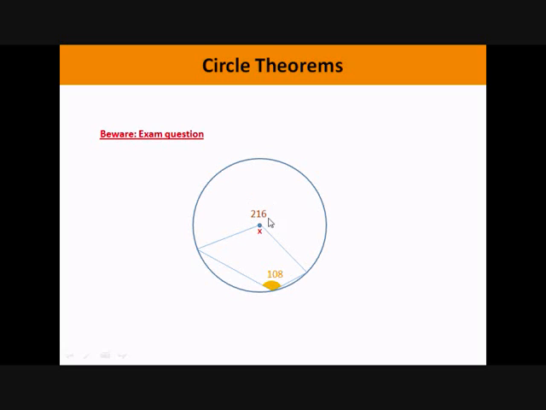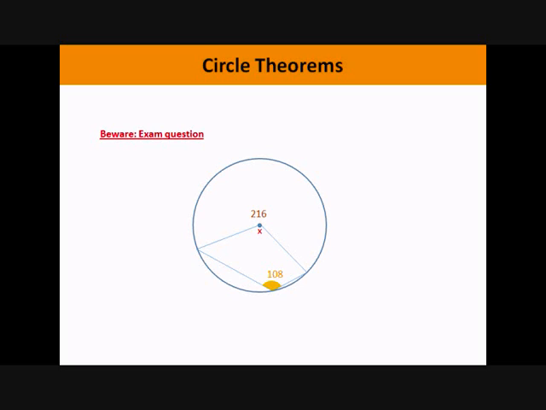The angle at the center, 216, is twice the angle at the circumference, 108, because they both come from the same point. It's a bit of a tricky example, that one, because it doesn't look like the diagrams that we saw in the previous examples, but it is that theorem.